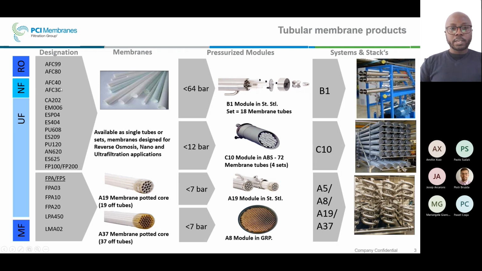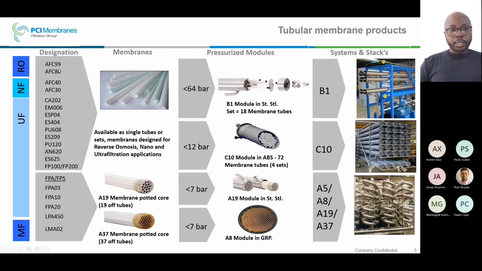So AFC 30, AFC 40: around 200 to 250 Dalton for the AFC 30, and around 300, 350 Dalton for the AFC 40.